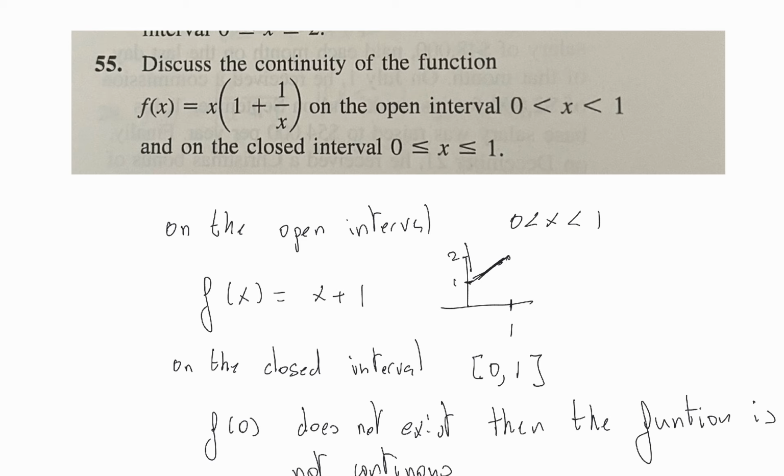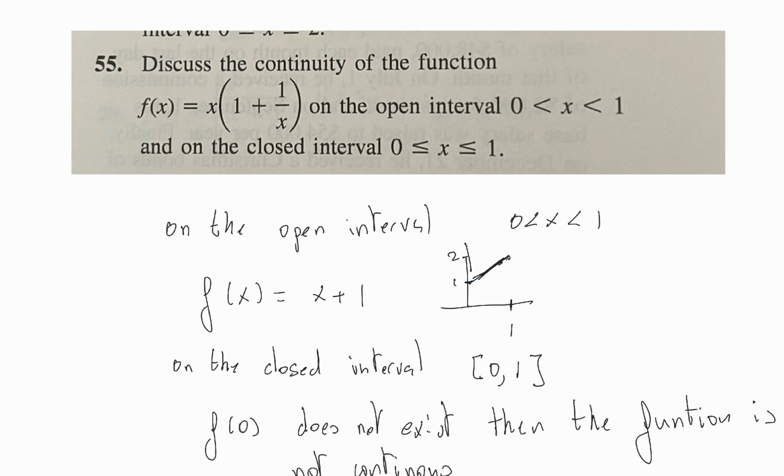It's not defined at x equals 0 because 0 is not contained here, so the value of the function will be x plus x divided by x, which is 1. So the value will be x plus 1. So the value on the interval 0, 1 will be the rectilinear line x plus 1.